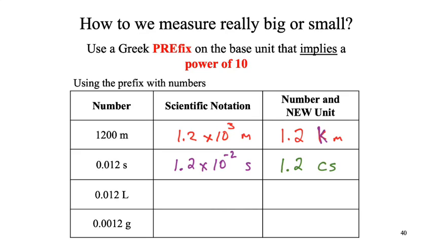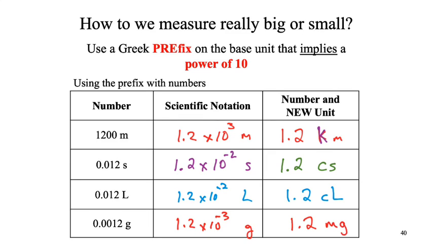Do you guys want to try the last two, or do you think you got it? I think yes. That would be 1.2 milliliters, right? Wait a minute. It'd be 1.2, and then that would be 1.2 milligram.